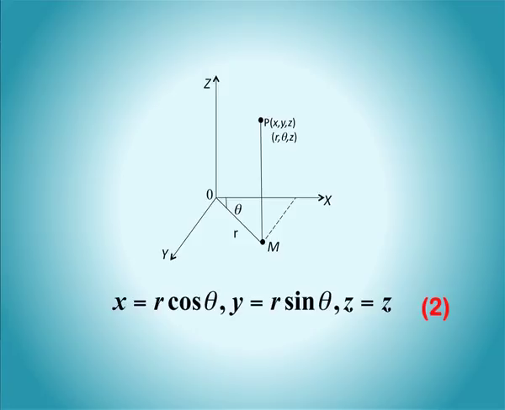So x is equal to r cos theta, y is equal to r sin theta, and z is equal to z, which is very clear here because the dotted line going from M to touch OX is 90 degrees. So r is this, naturally it will be r cos theta. If you take this triangle again, it will give you r sin theta, and z is PM, that is here.